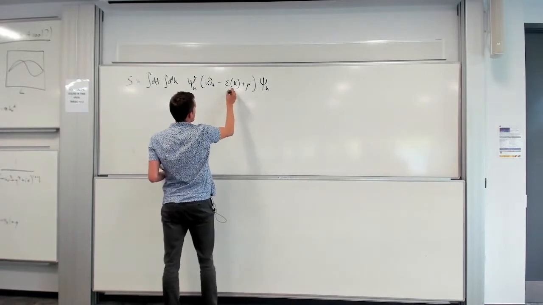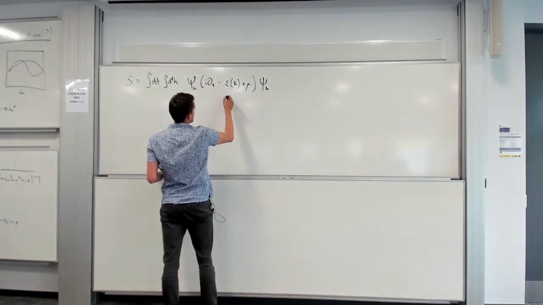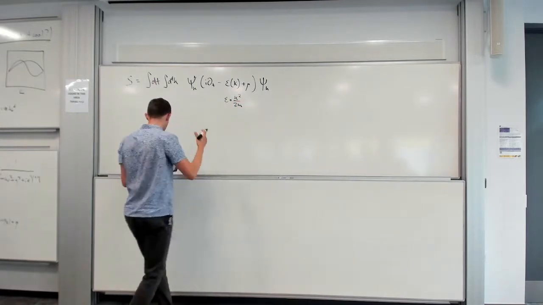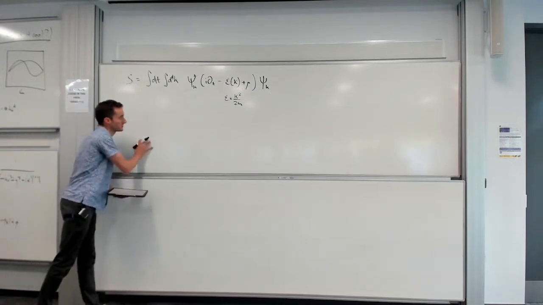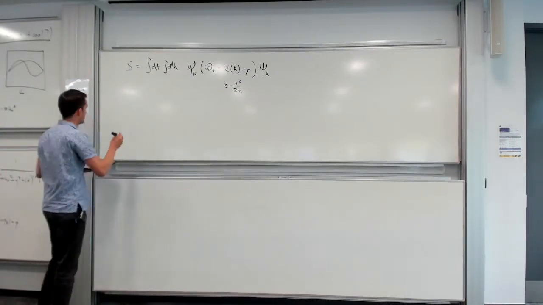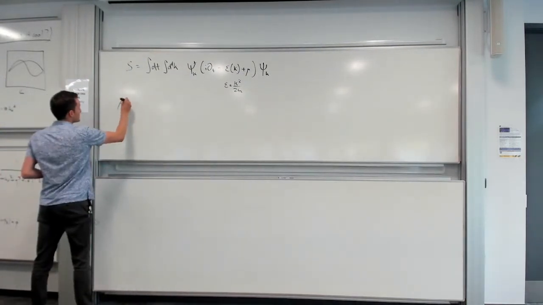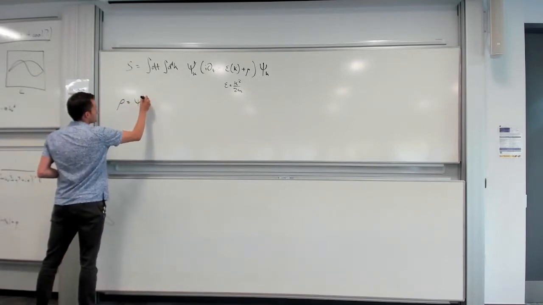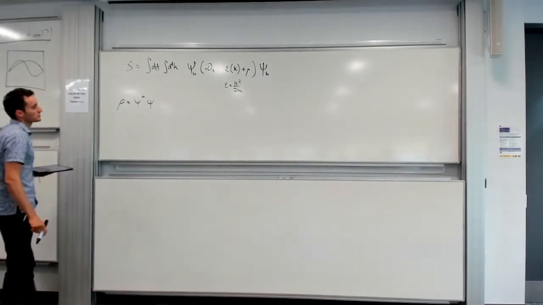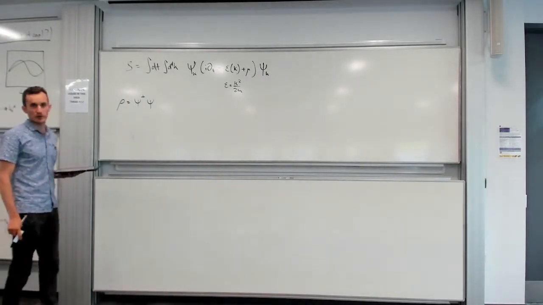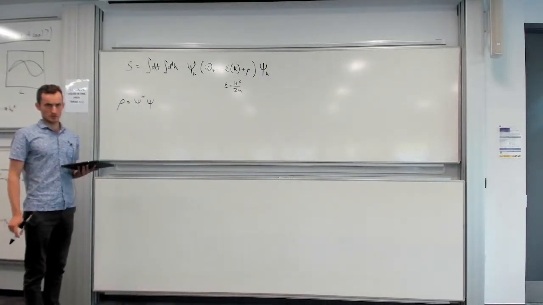Relativistic fermions would maybe have a linear dispersion relation; non-relativistic fermions would have something like this. It doesn't really matter. The physics of Fermi liquids doesn't depend too much on what kind of fermions you have. Then you would just look at the two-point function of the density operator. This is in the grand canonical ensemble? It doesn't really matter, but let's do it in the grand canonical, so I'm turning on a chemical potential.